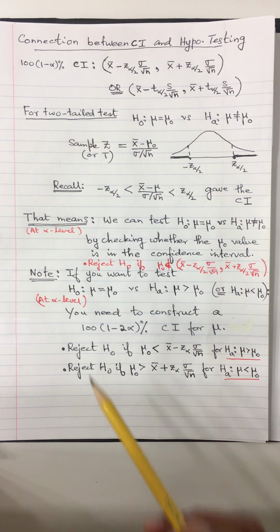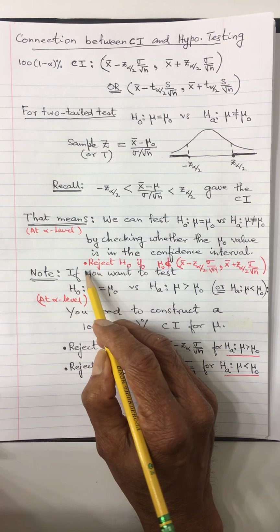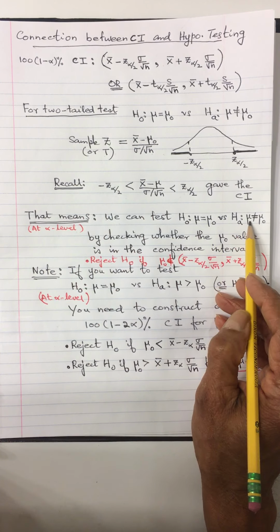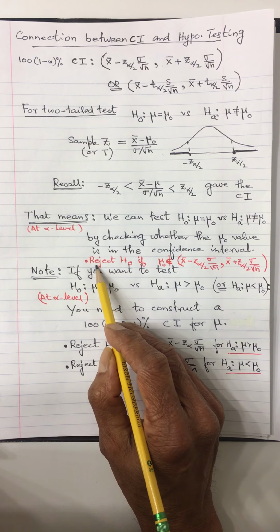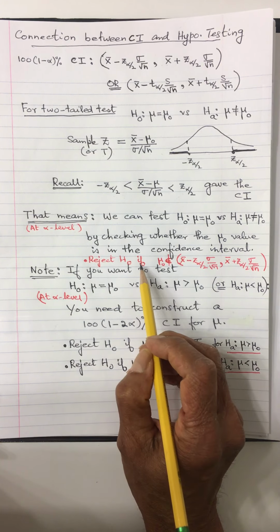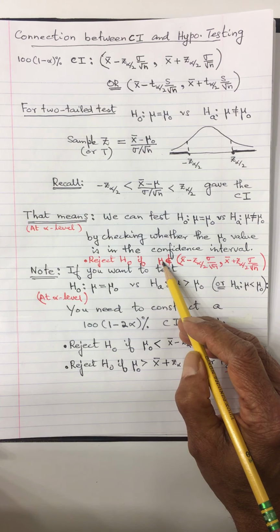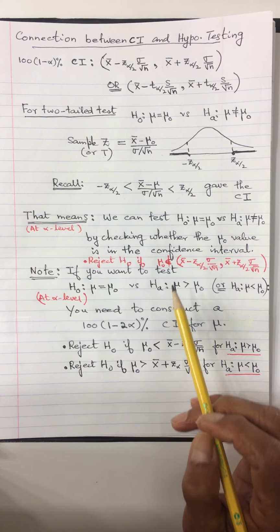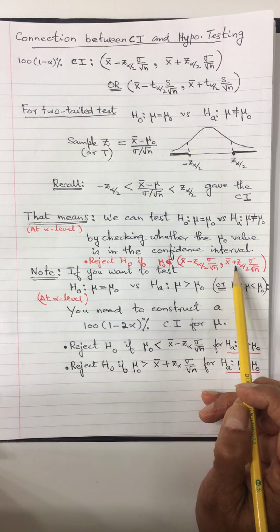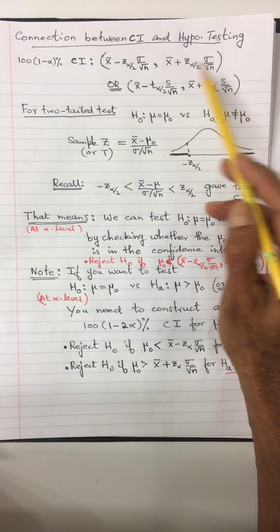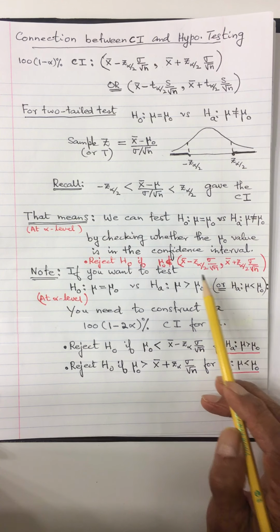In other words, for a two-tail test at alpha level, you reject H naught if the mu naught value, this null hypothesis value, is not in the confidence interval you are going to get.